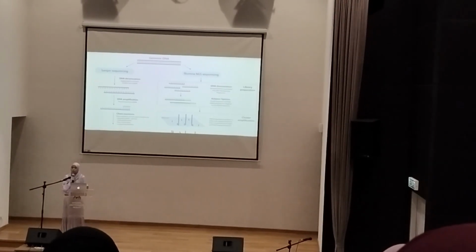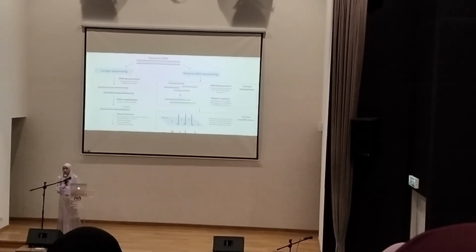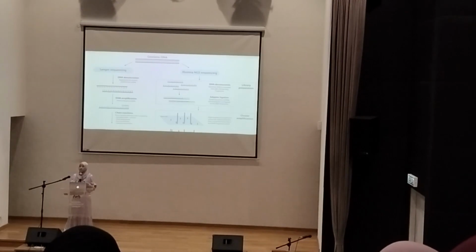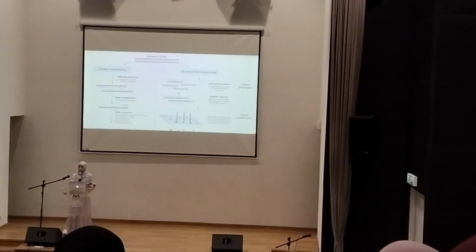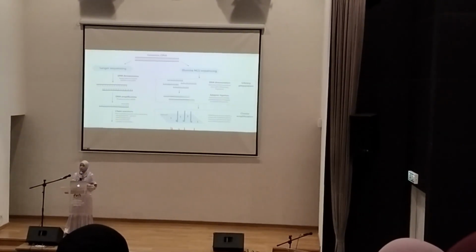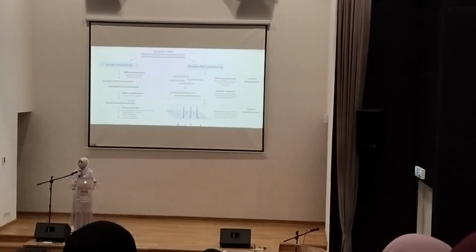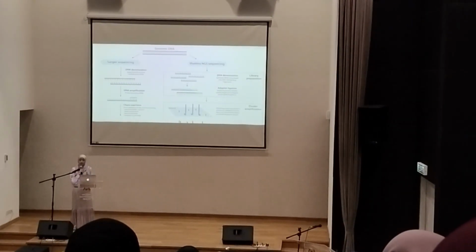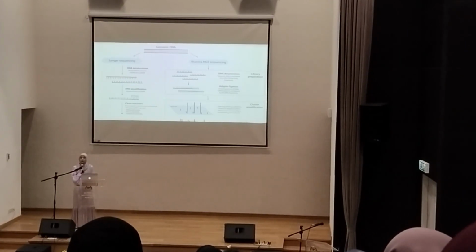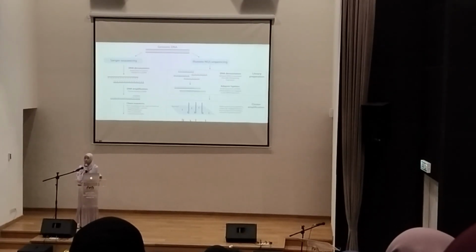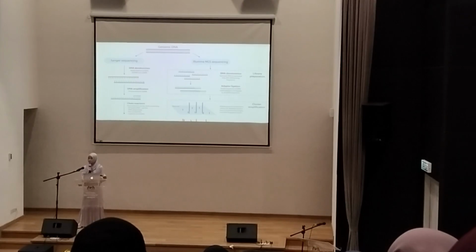So for RNA, it will be reverse transcribed first into cDNA, and then the cDNA can be used for amplification using PCR. So there comes the limitation of NGS sequencing, as it will cause amplification bias.